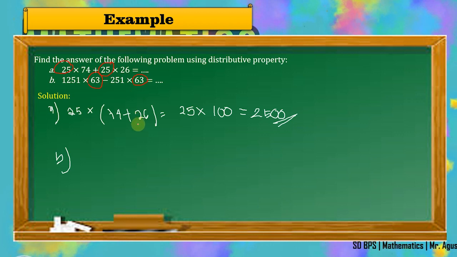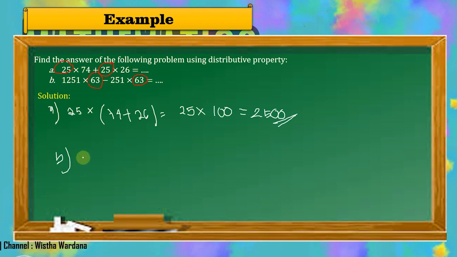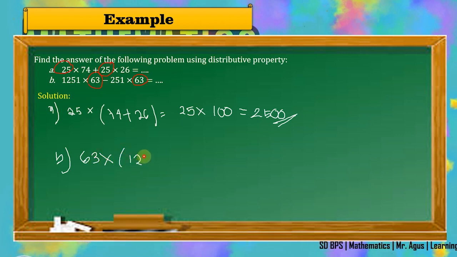Okay, so if you have 63 over there, you can put 63 outside of the bracket. So 63 multiplied by, in the bracket, 1251 minus 251.